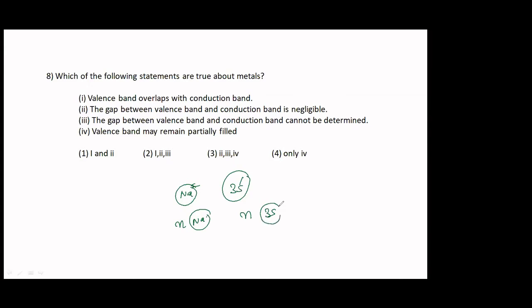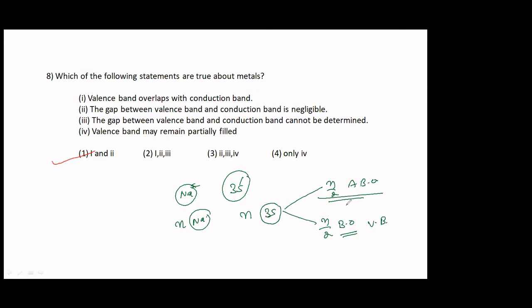So n number of 3s orbitals will combine to form n by 2 bonding orbitals, n by 2 anti-bonding orbitals also. Okay? So therefore, this corresponds to valence band. This is your conduction band. That is how it is explained.